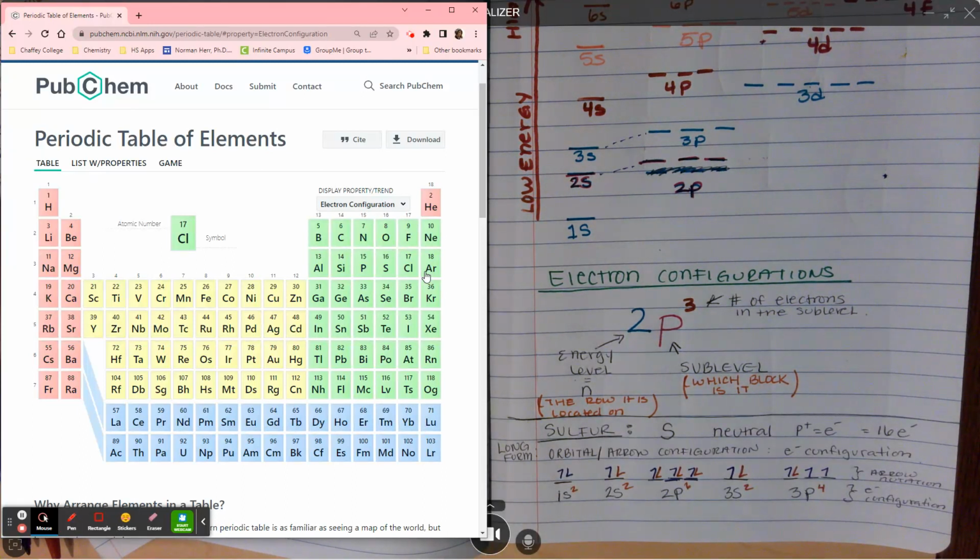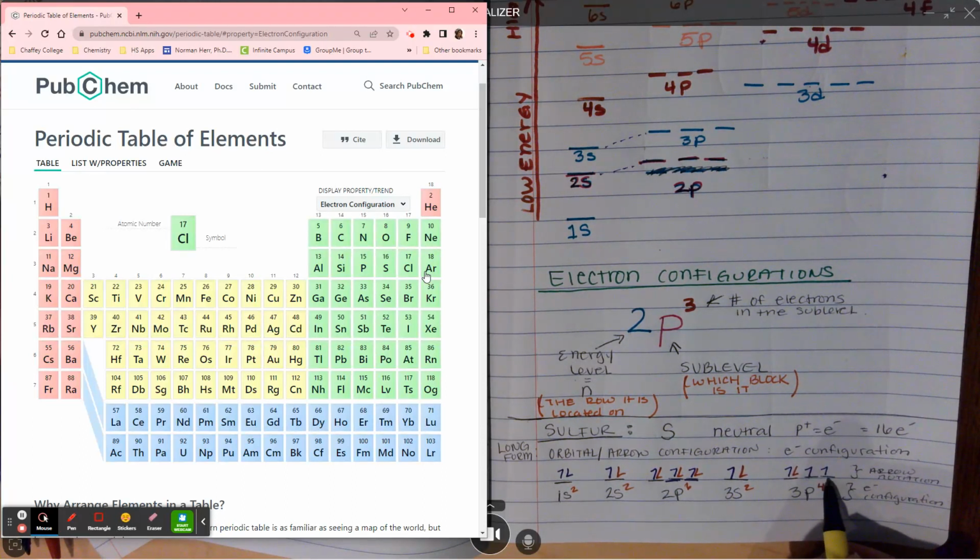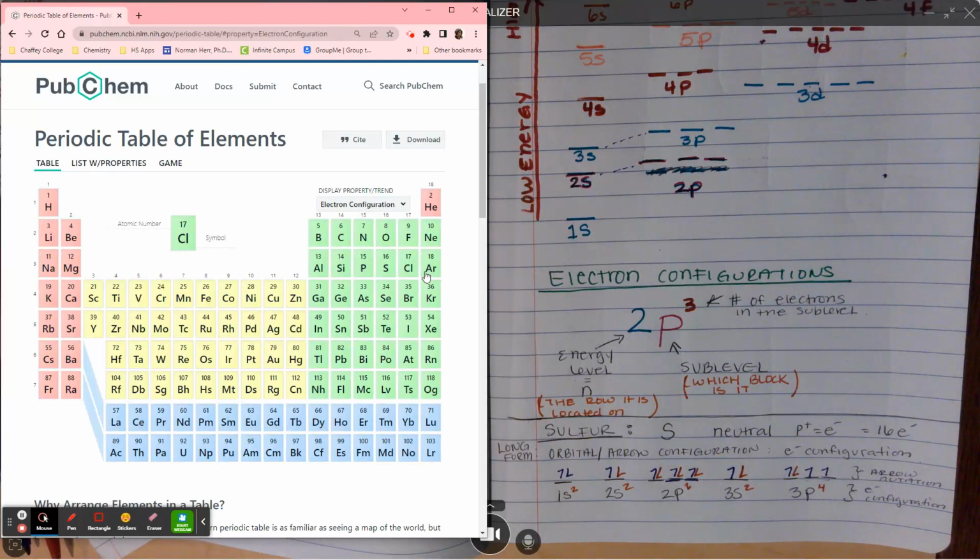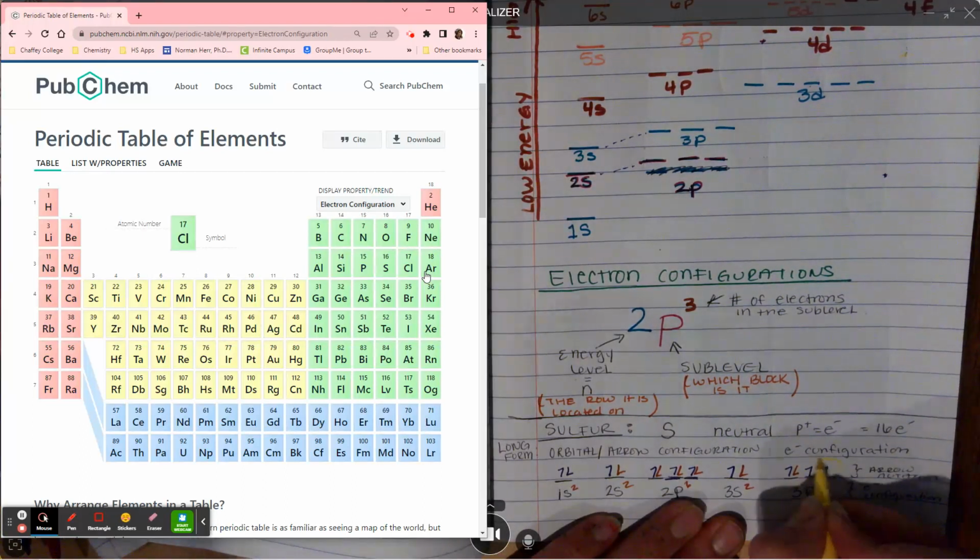If you look at the arrow notation, these electrons that are by themselves are the ones that are available for bonding. No electron wants to be by itself. It wants to bond, it wants a pair. So they're going to be our bonding electrons.